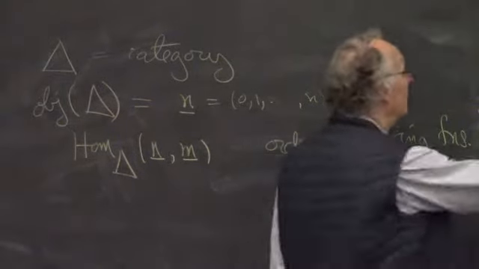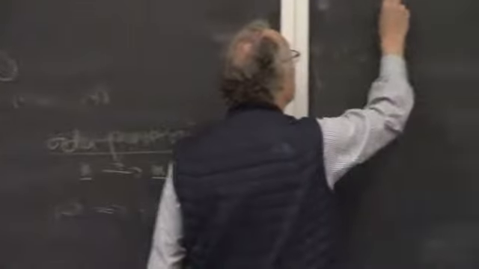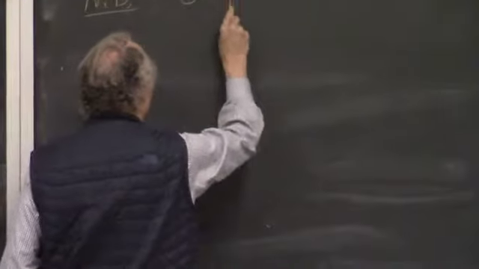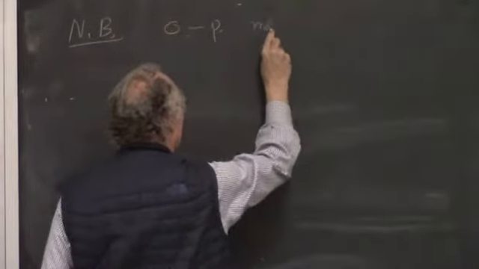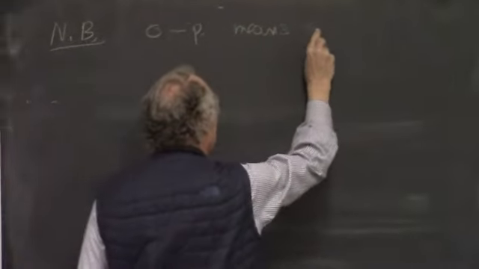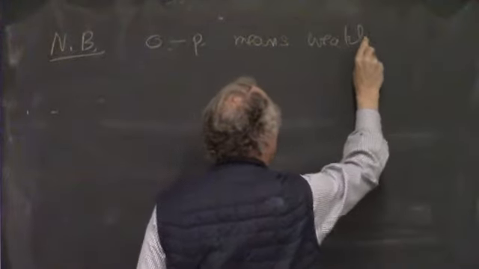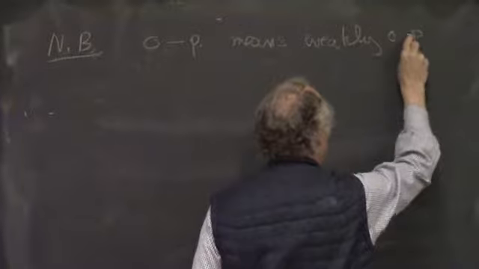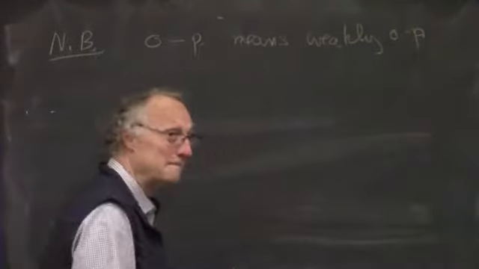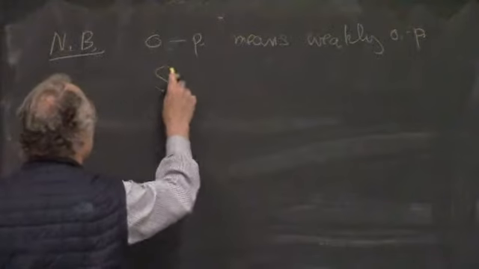So order preserving means weakly, in this sense. And if I want the strict form, I'll say strictly order preserving.